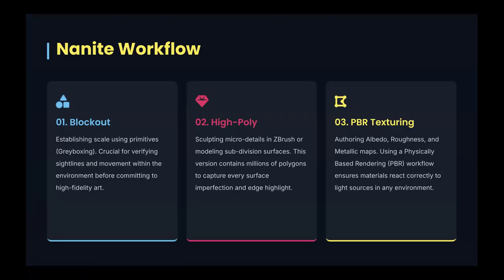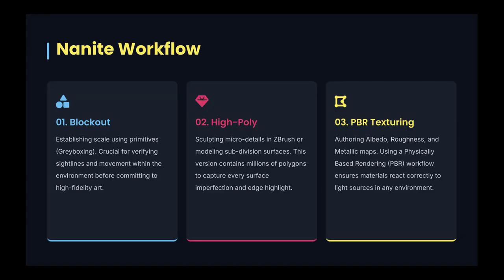Okay, so this is the Nanite workflow pretty much. Instead of being 6 steps like the traditional legacy workflow, it's only 3 steps. You do the blocking, you do the high poly sculpt, and you can throw that high poly sculpt into texturing, and that model, without optimization, without doing the normal maps baking or anything, you can throw directly into Unreal Engine.